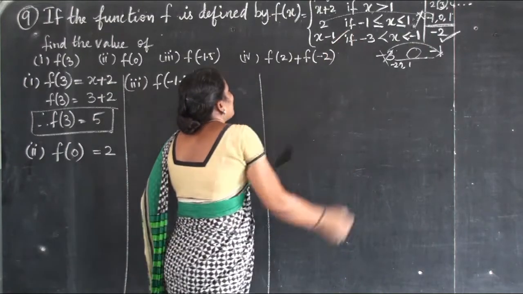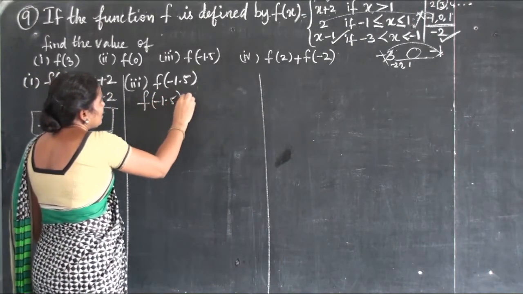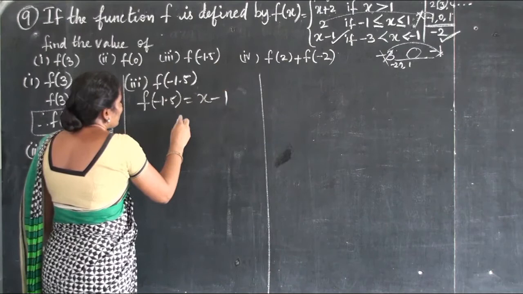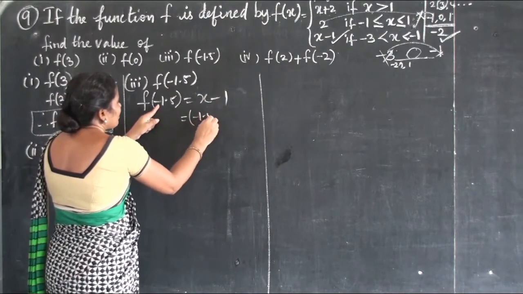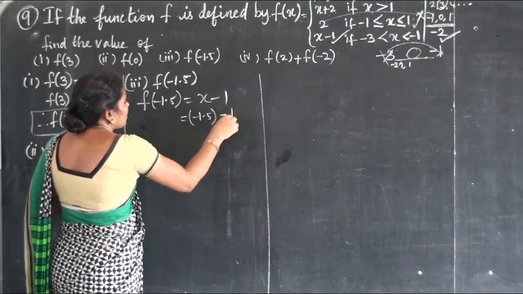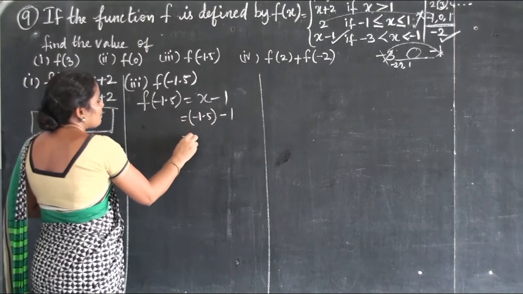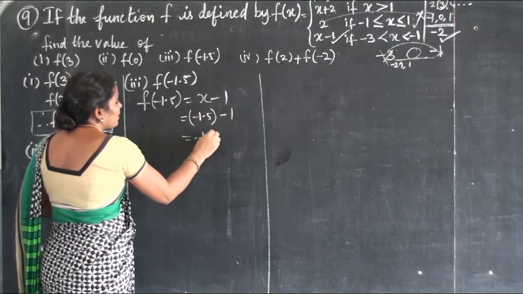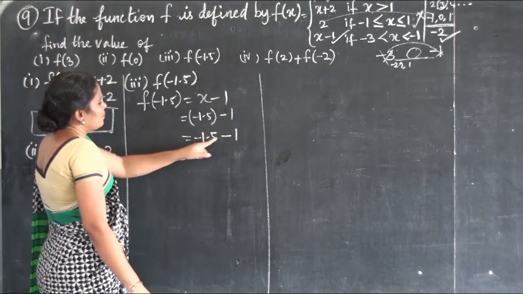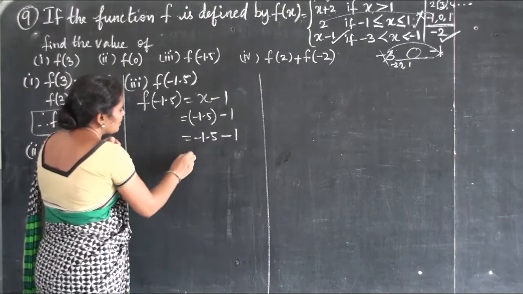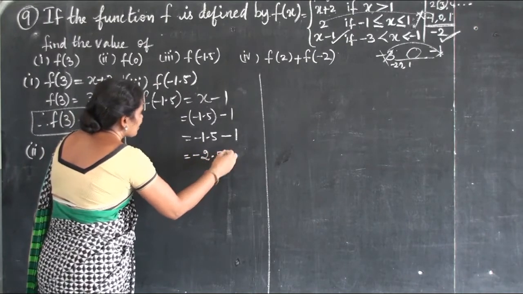Taking x minus 1 as the equation, f of minus 1.5 is equal to x minus 1. In the place of x, apply minus 1.5 minus 1. We have x as a single variable, no need to put brackets, write minus 1.5 minus 1. Subtracting, here we have a common sign, add, minus 2.5.